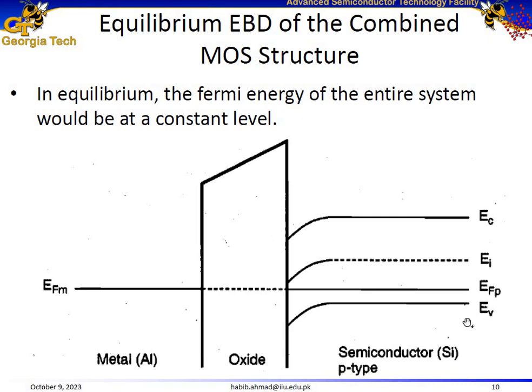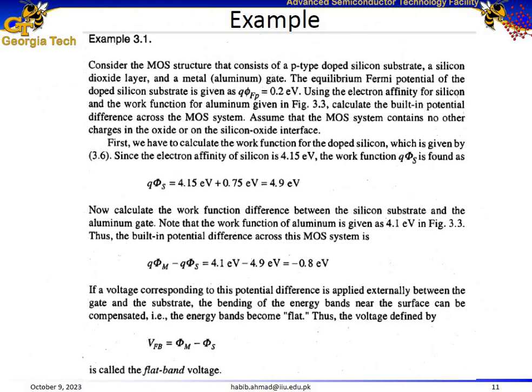So the plus 0.8 volts is actually called the flat band voltage, because it's going to flatten the energy levels. So VFB is equal to phi m minus phi s, or plus 0.8 volts, would actually flatten all these energy levels. That's why it's called the flat band voltage.